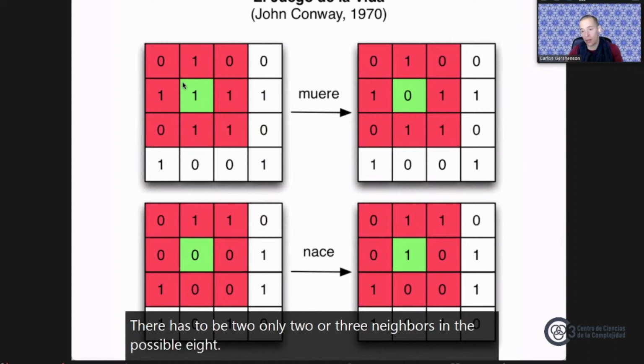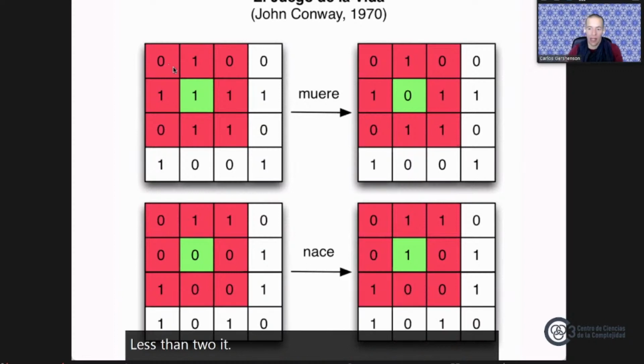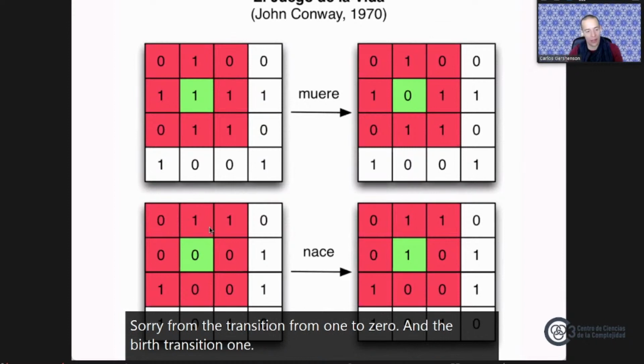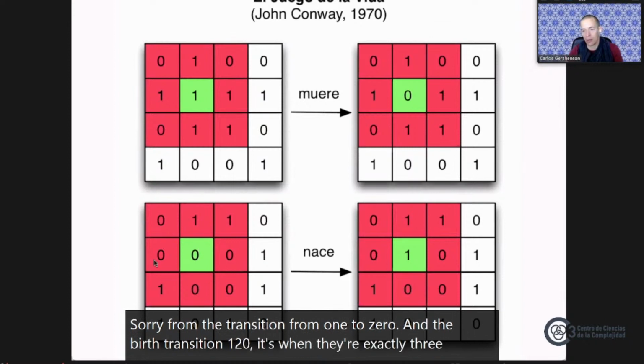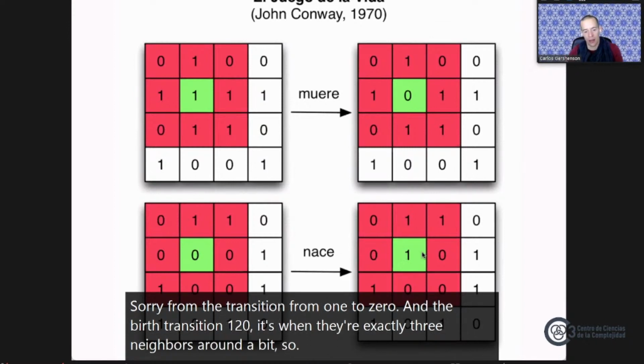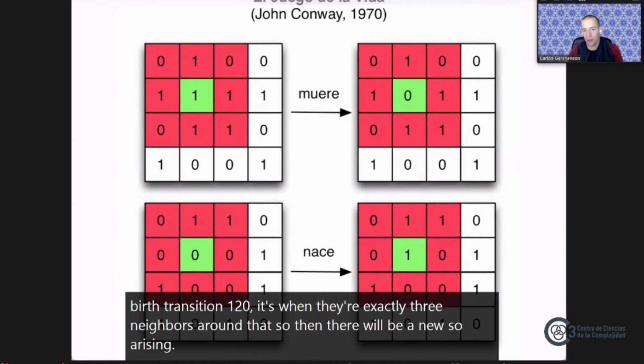It doesn't matter where, just that there are 2 or 3. Less than 2, it will die. More than 3, it will die. So that's the transition from 1 to 0. And the birth transition, 0 to 1, is when there are exactly 3 neighbors around a dead cell. Then there will be a new cell arising there.